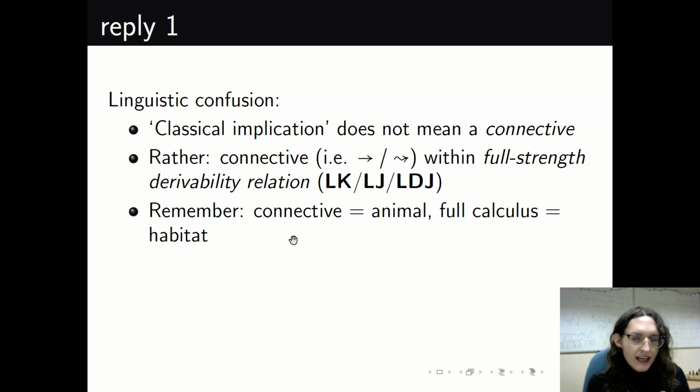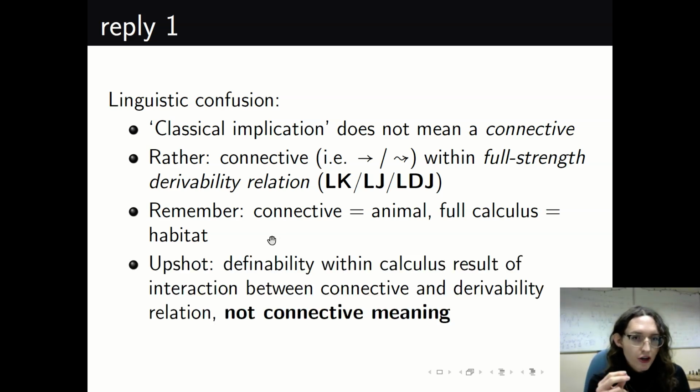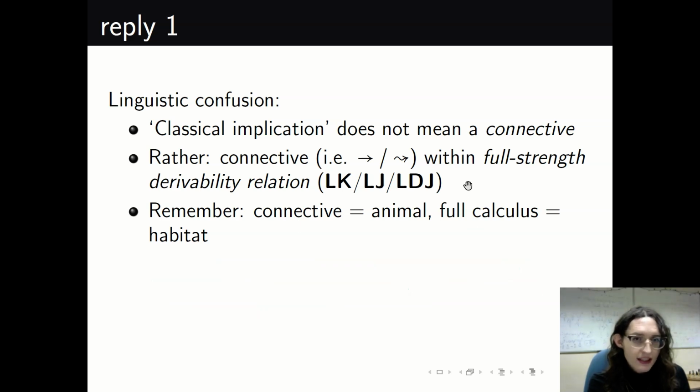Think back to our analogy, right? Our connective is like an animal, our full calculus is like the habitat. If you're talking about classical implication, you're talking about the animal in the habitat, you're talking about the connective in the full logical calculus.